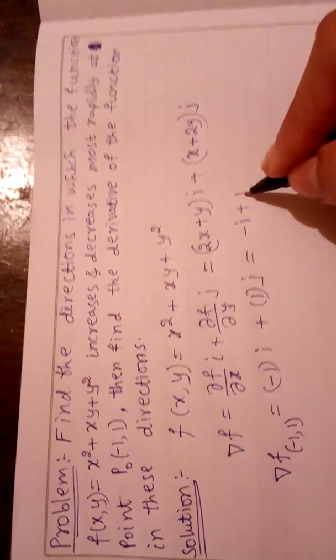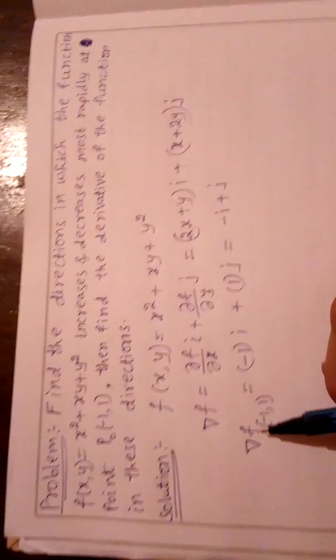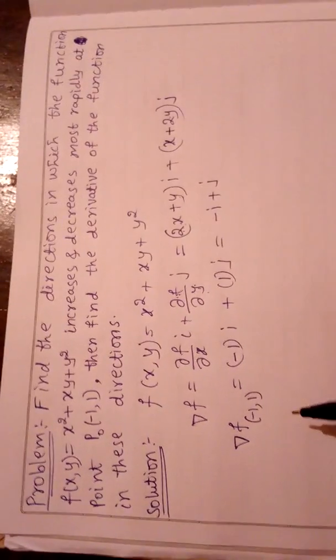So the gradient is -i + j. This is the gradient vector of function f.